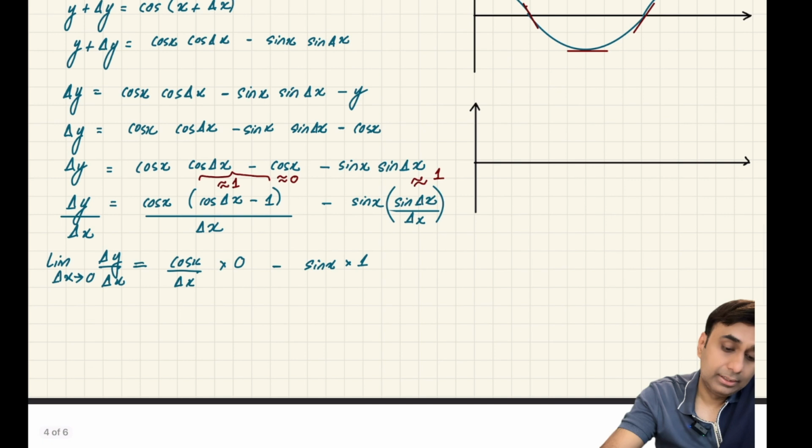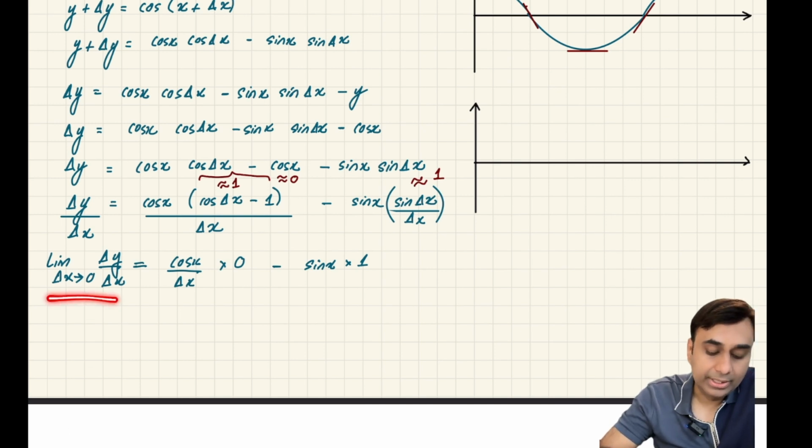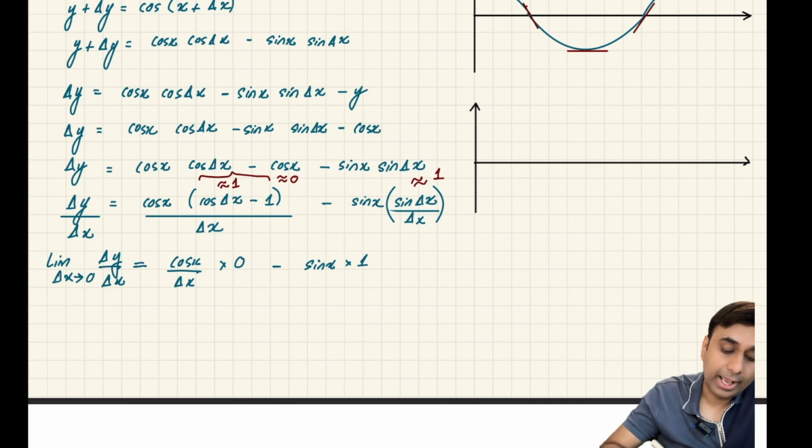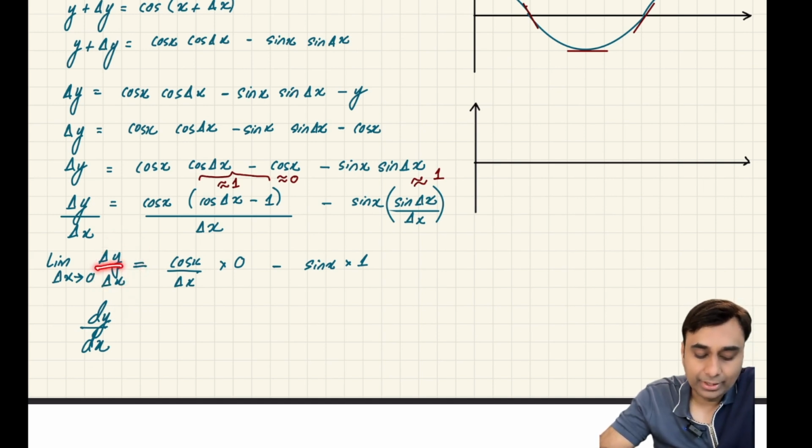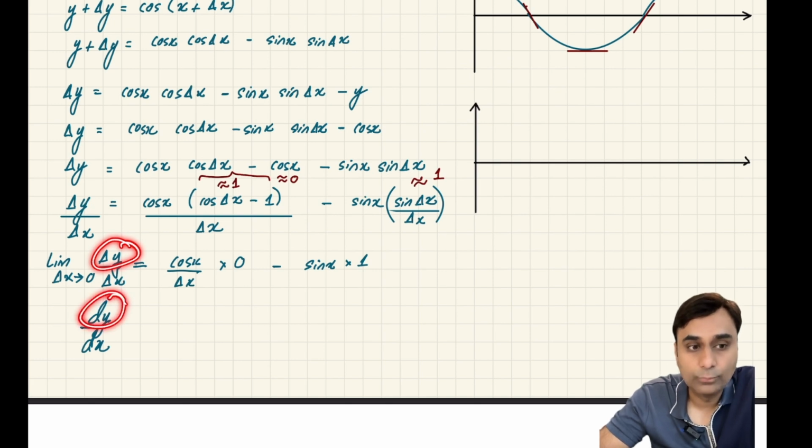This thing, which is the limit of delta y over delta x, we write as the gradient function and represent as dy by dx. So it's basically the same thing. The only difference between delta y and dy, and delta x and dx, is that delta y is any change in y, but dy is a very small change in y.